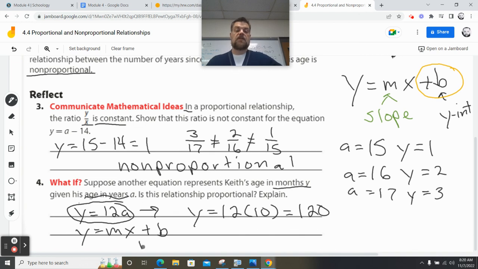Zero, because that's the same as y equals 12a plus 0, right? So that means it goes through the origin, so that means it's proportional. Okay. That one's a little bit trickier.